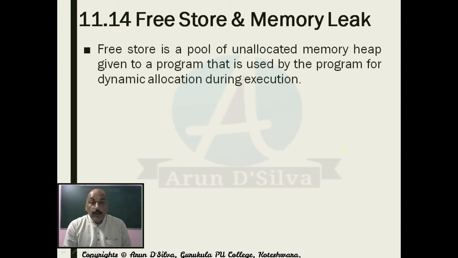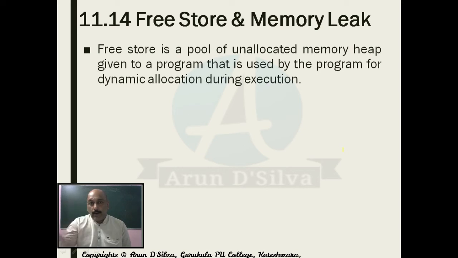Free store is a pool of unallocated memory heap given to a program, that is used by the program for dynamic allocation during the execution. So this is one memory block that will be reserved and kept.